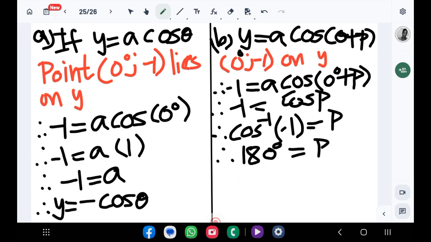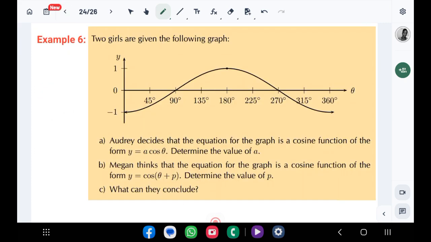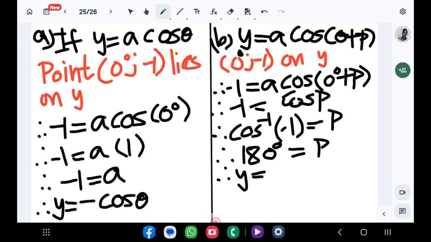That is p, meaning that therefore y equals, sorry, there is no a here.